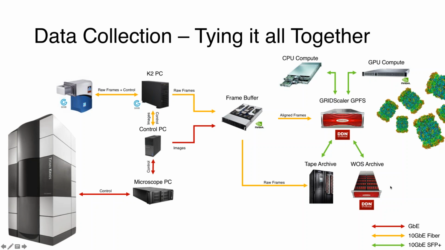Your raw frames go right into your archive. You don't really need them anymore because you've already aligned and dose weighted. So you've already eliminated almost 75% of your footprint from active storage. That's about where our storage sits.